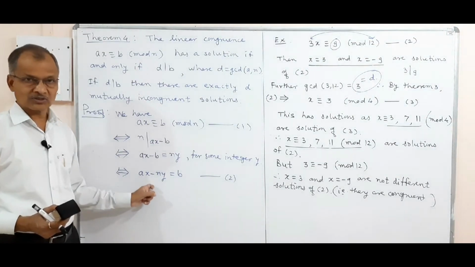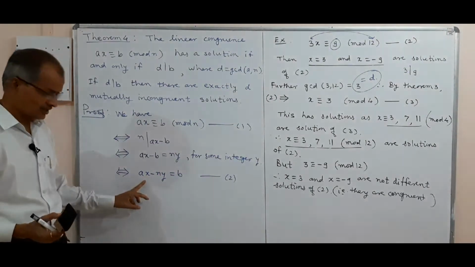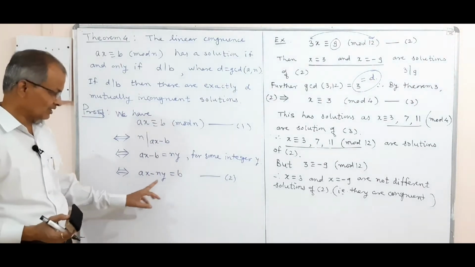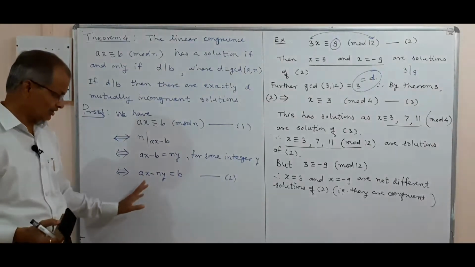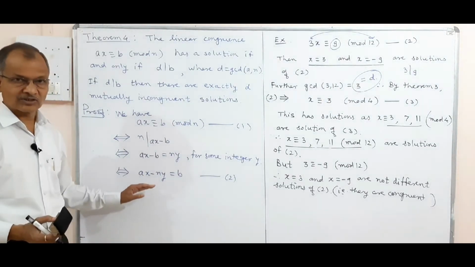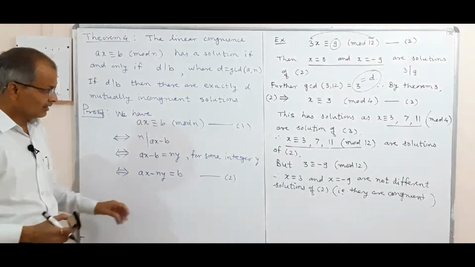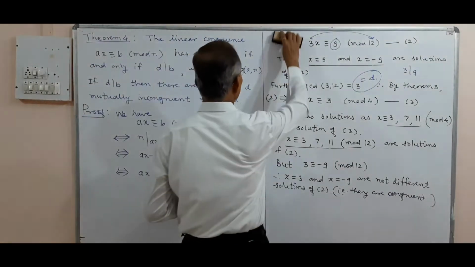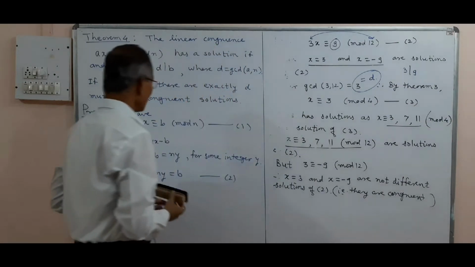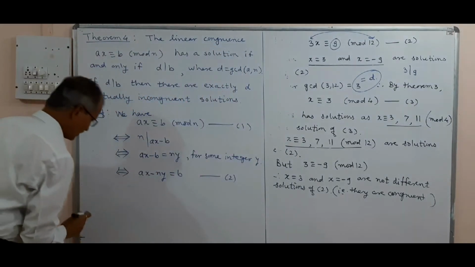And we know this is a Diophantine equation. We have studied it in the first chapter: ax plus by is equal to c, a linear equation in x and y. A single linear equation in x and y is a Diophantine equation. Therefore the congruence 1 is equivalent to Diophantine equation 2.